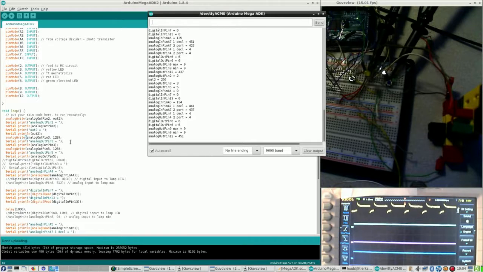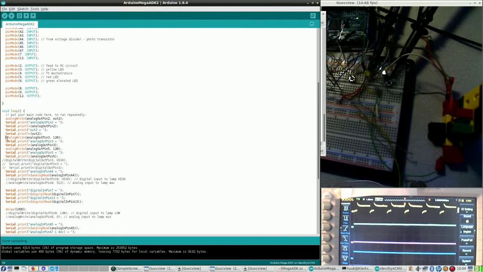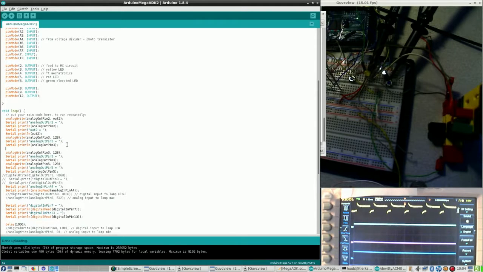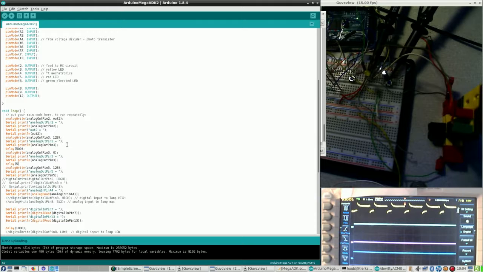So if I want to make it blink, which makes it more believable, let me just put it this way. Delay half a second, and this goes to 0 then, with a delay of half a second. Let's see what happens then.